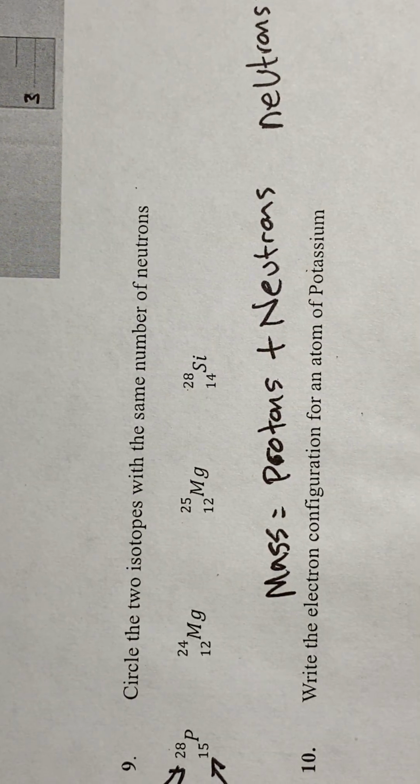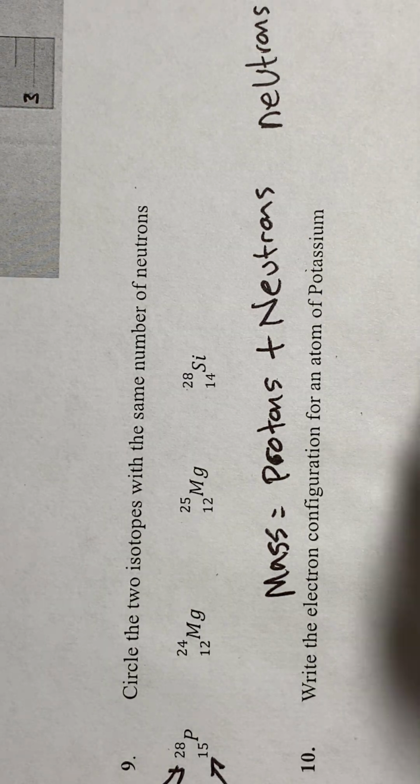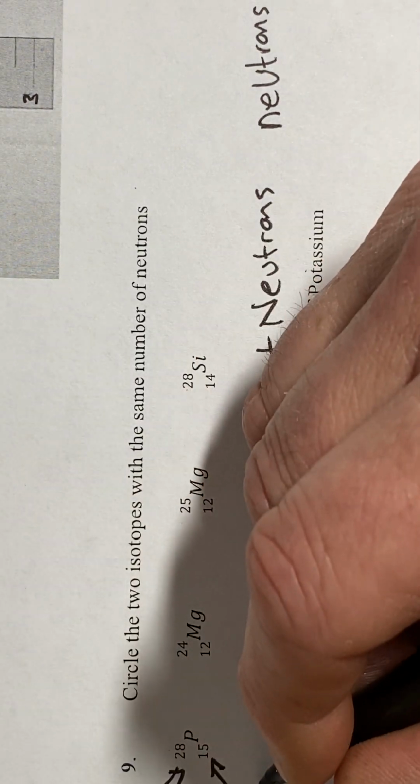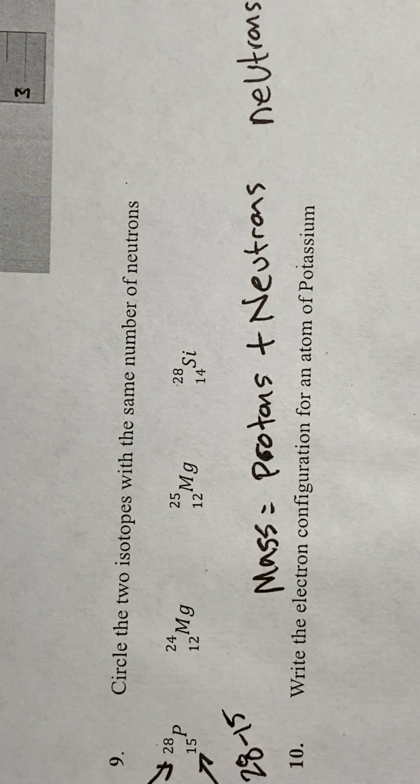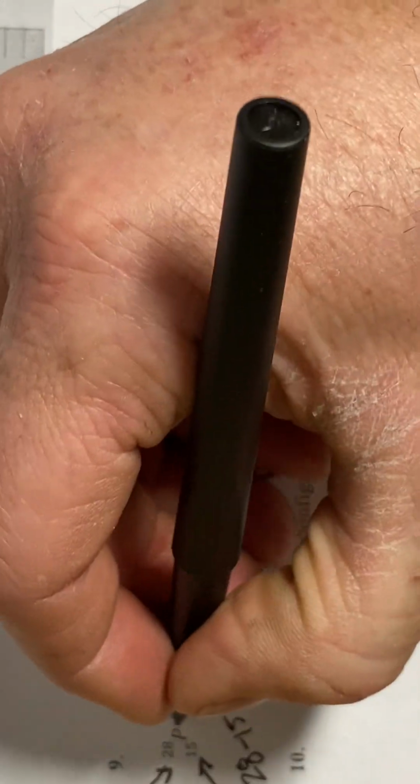So here our first one is phosphorus. And this is 28 minus 15, and that gives us how many? 28 minus 15, that's 13 for this guy here.